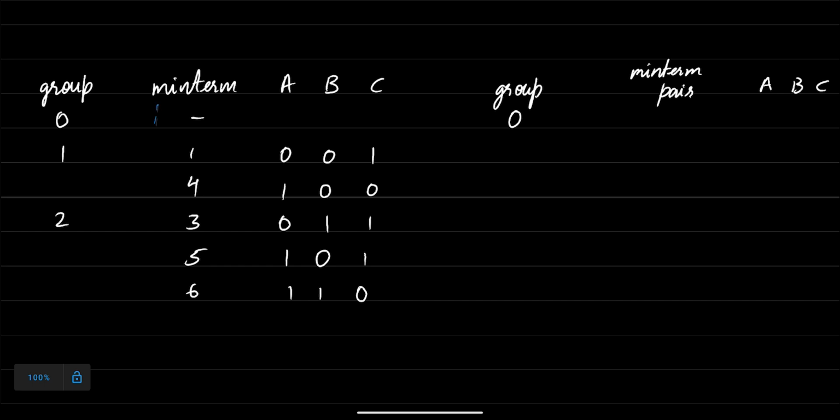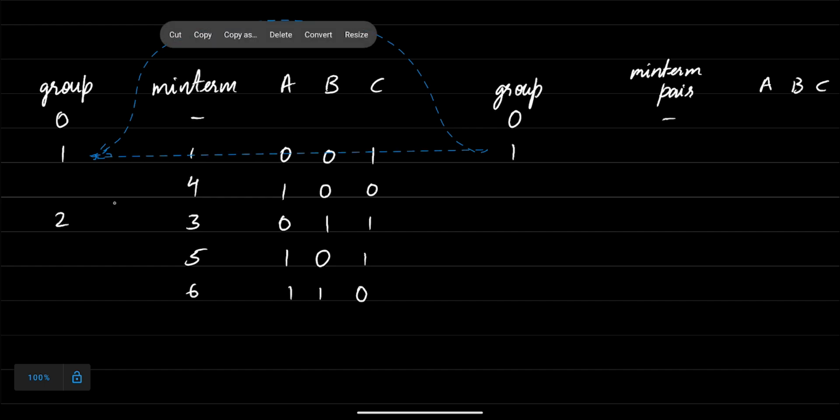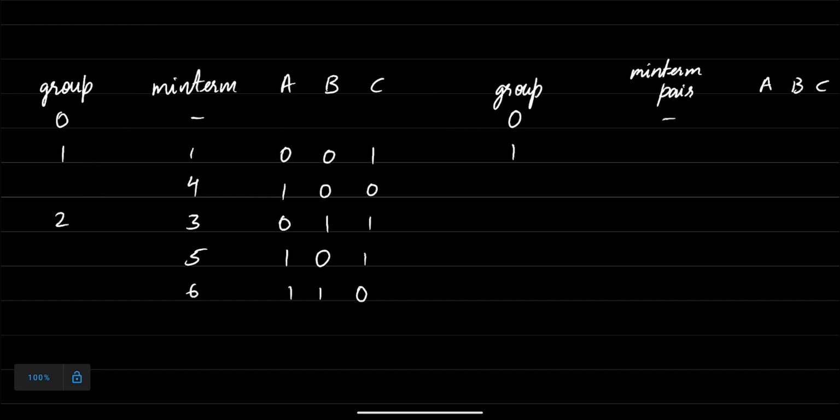And since we don't have any elements in group 0, we are going to leave group 0 blank here as well. So now for group 1, we are going to locate group 1 in the previous table and compare it with its adjacent group. So we compare elements of group 1 with group 2.